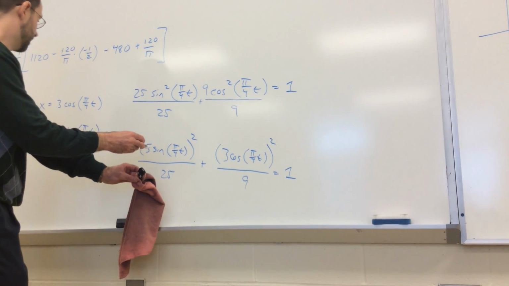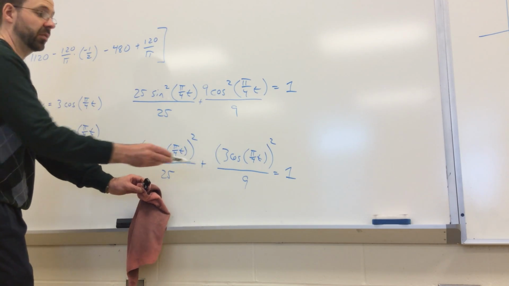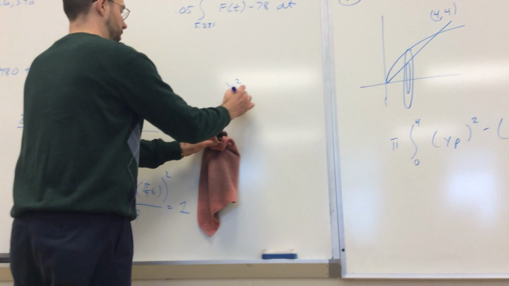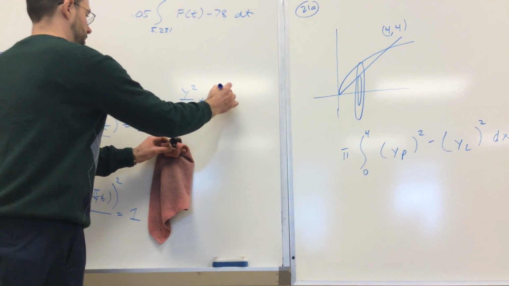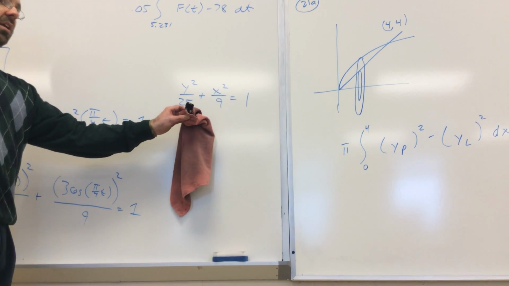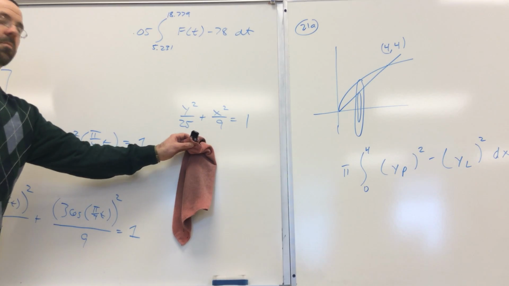So then that's y squared over 25 plus x squared over 9 equals 1. And so then that's an ellipse. Good.